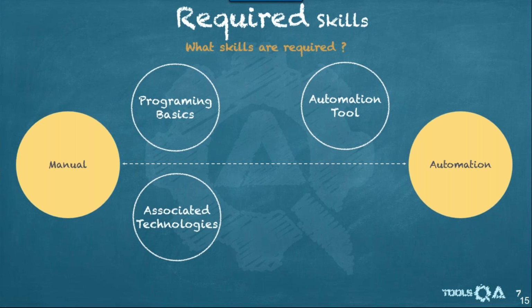For example, in Selenium, you can look at TestNG as a tool to create frameworks, and at the same time, you can look at Excel, Apache POI to read and write to Excel. So these are the associated technologies which you would want to learn once you learn an automation tool. And once you know the associated technologies, you would be able to create your own frameworks, you will be able to create your own test infrastructure in your company. So once you have the associated technologies, experience will come into play.